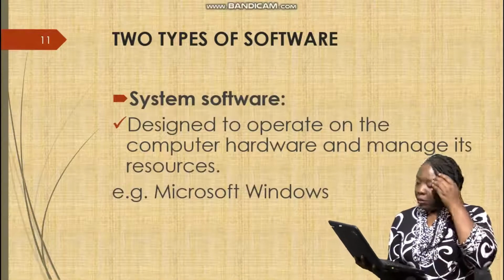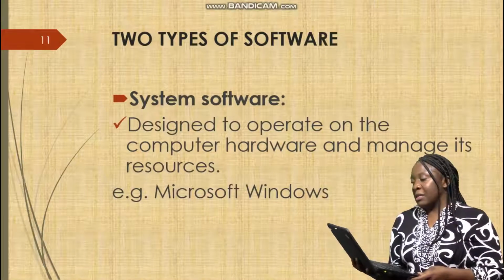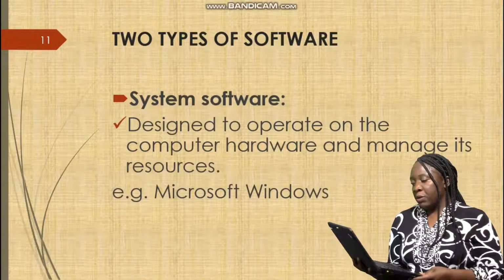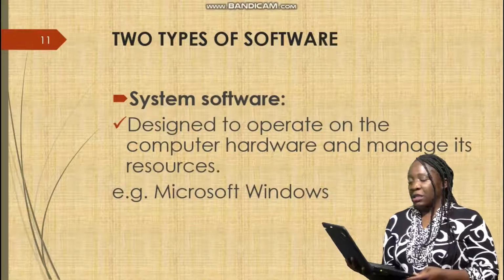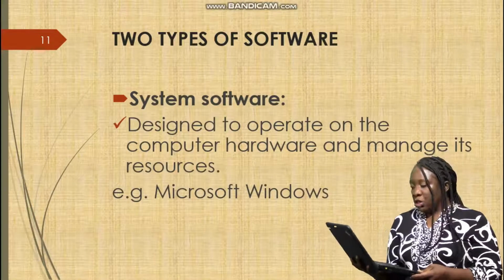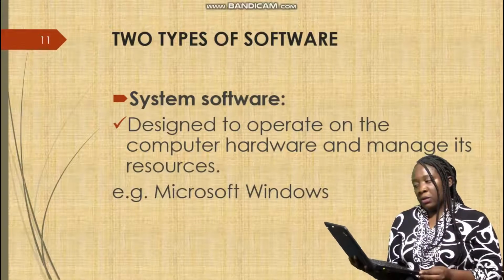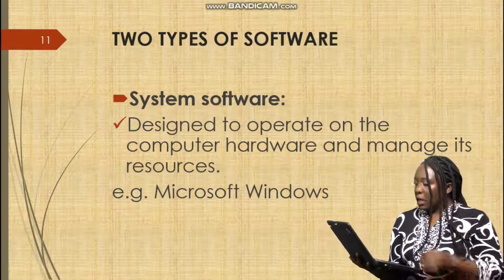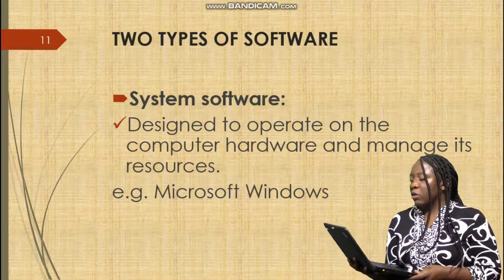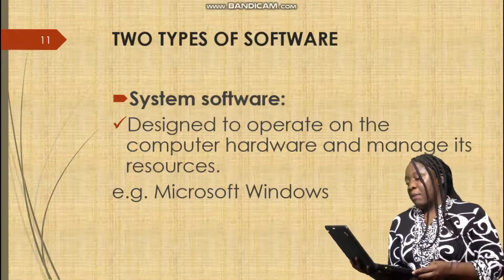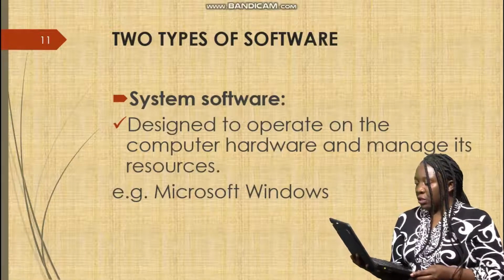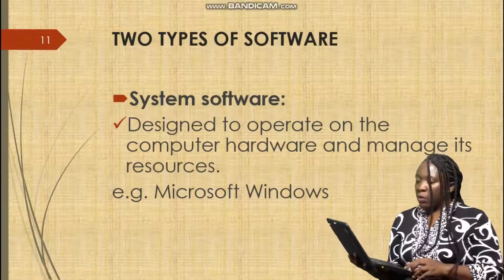What is system software? System software is designed to operate the computer hardware and manage its resources, e.g. Microsoft Windows.